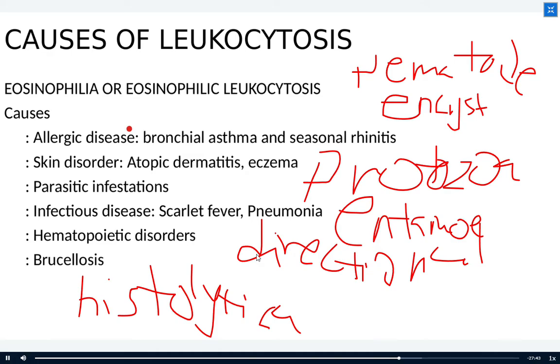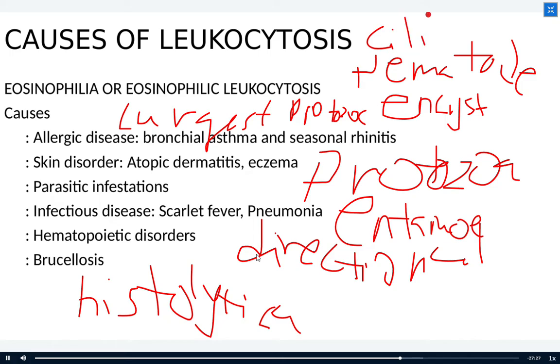What do you call the largest protozoa that can also be found in pigs? Sobrang dami ng silya niyan, class.